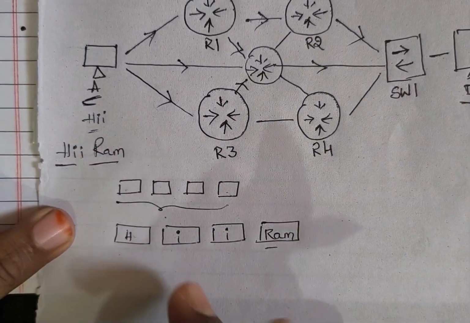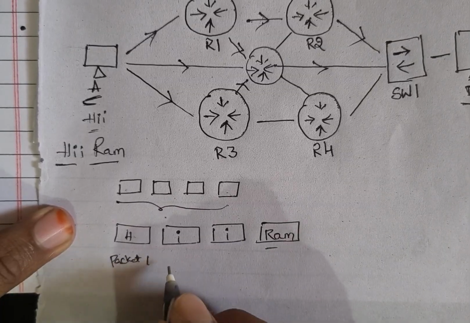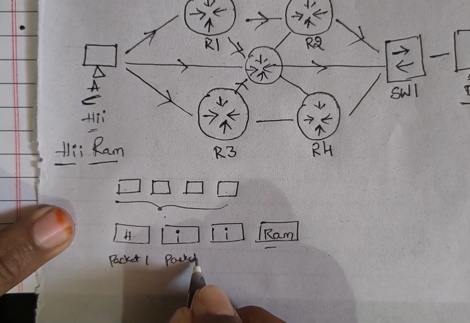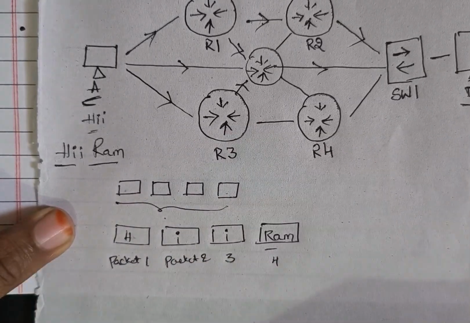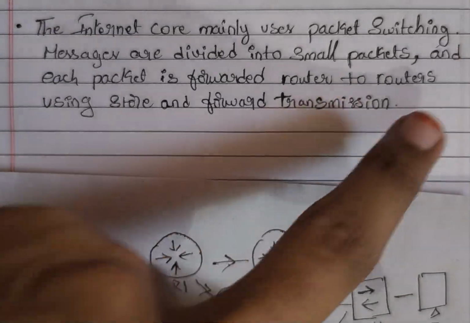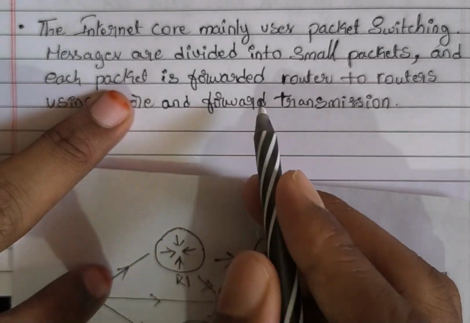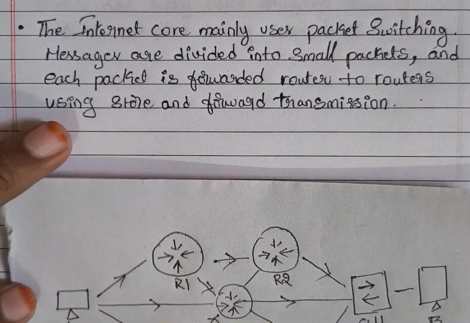The data will be divided into packet 1, packet 2, 3 and 4. Like this, the data will be divided into packets, and each packet is forwarded router to router using store and forward transmission.